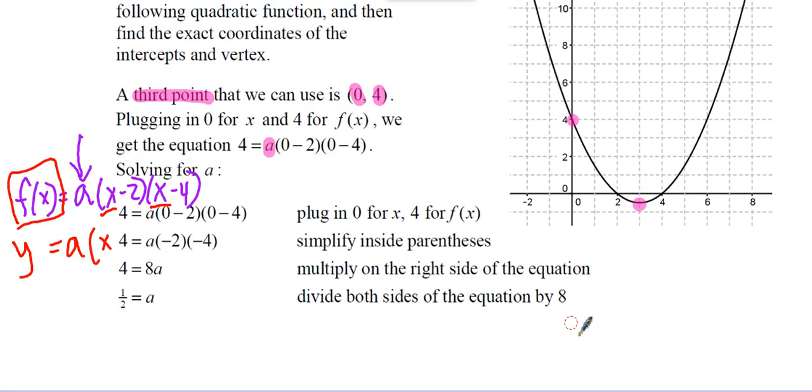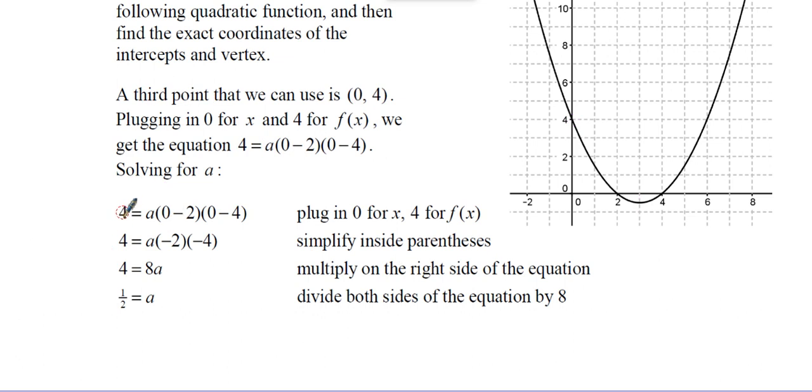Okay? Let me clean up a little bit over here. F of x equals a times x minus 2 and x minus 4. There you go. I hope that's better. And so the f of x became a 4 because that's the y of my third point. And then I plug in 0 because that's the x of my third point.